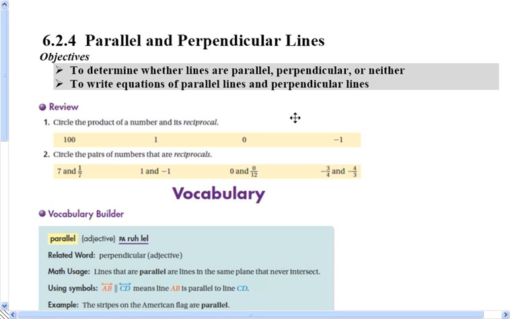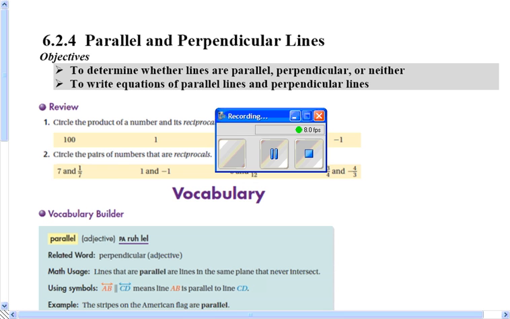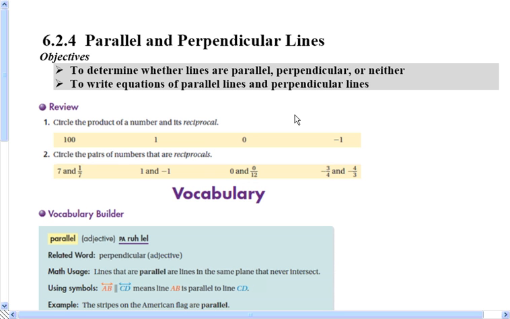Go ahead and just do this. You can pause if you want. See what you remember about reciprocals. Reciprocals are numbers like these, so this is just a quick review, where the number is flipped.